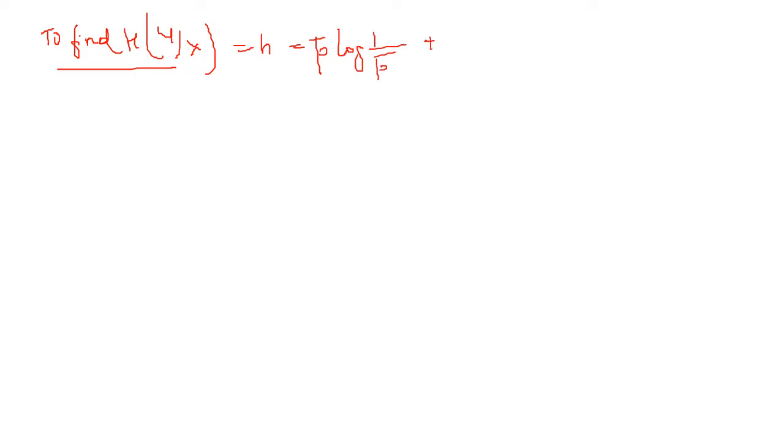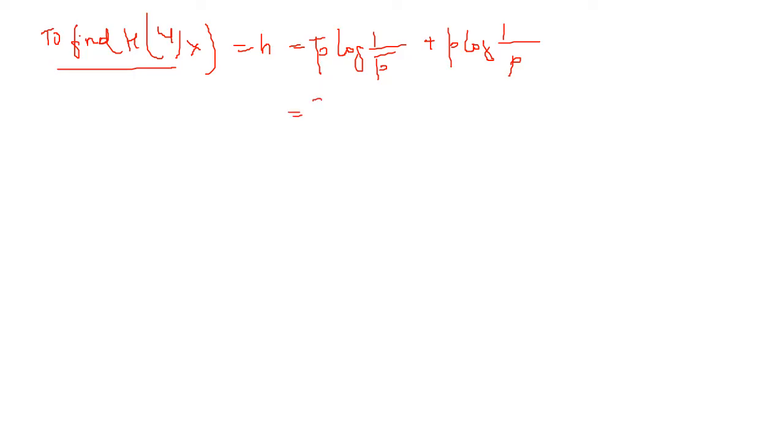Next, to find h of y by x. So h of y by x for a binary symmetric channel is a constant value h, which is given as p bar into log 1 by p bar plus p into log 1 by p. So we know what is p and p bar.